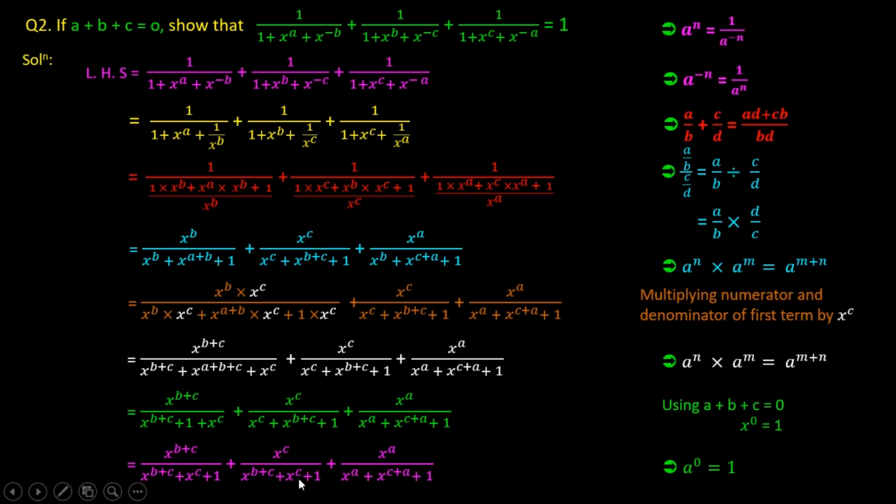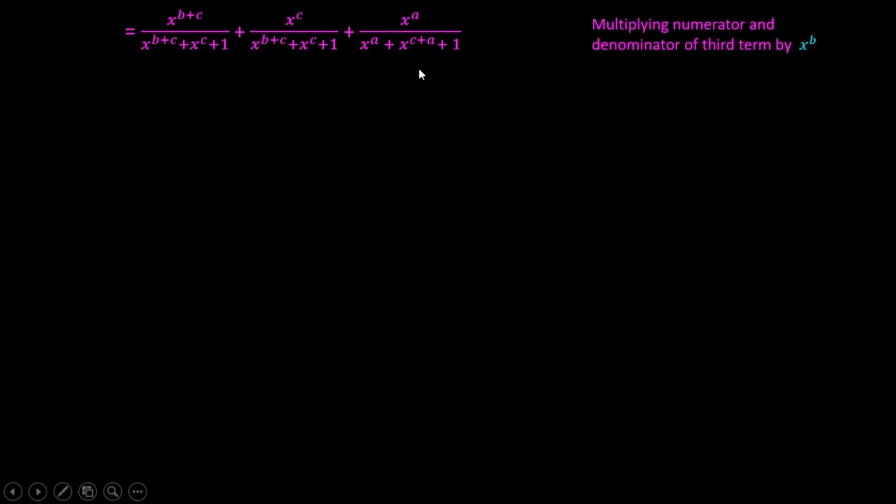Similarly, I have just flipped their positions here, but not here. And now what you have to do is, again, when you see this first term and second term, you can see that there is the same denominator.